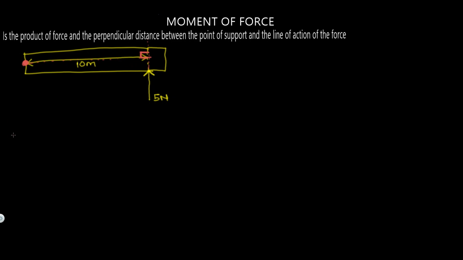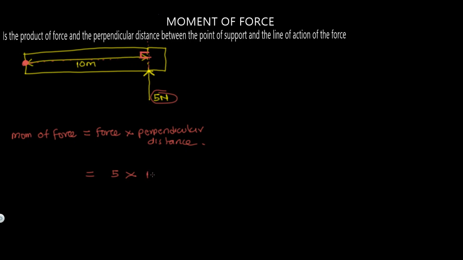We always say that moment of force is always equal to the force multiplied by the perpendicular distance. So here we will take the force we are given, which is 5 newtons, and multiply by the perpendicular distance, which is 10 meters.